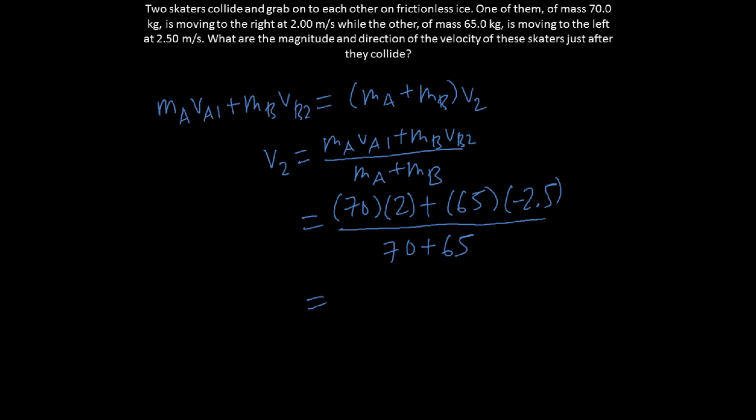Solving for that will give you negative 1/6 meters per second, and to express that in three significant figures, this will be approximately equal to negative 0.167 meters per second. So that's your answer for that one.